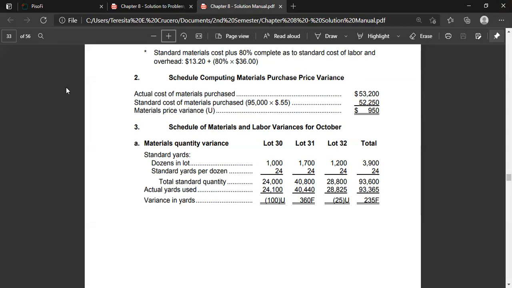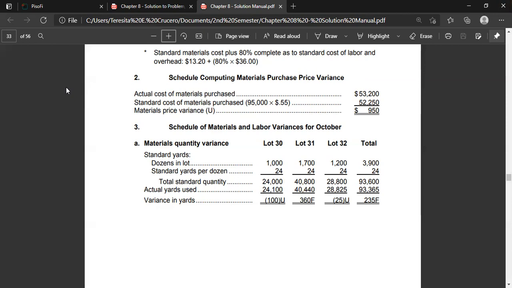That's equal to 24 standard yards per dozen. It's now 24. Okay, given is 24 yards for direct materials. So we get total standard quantity per dozen. So the standard quantity per dozen.